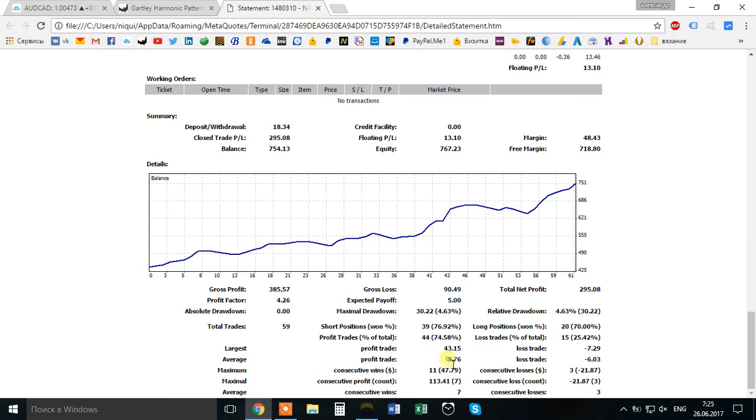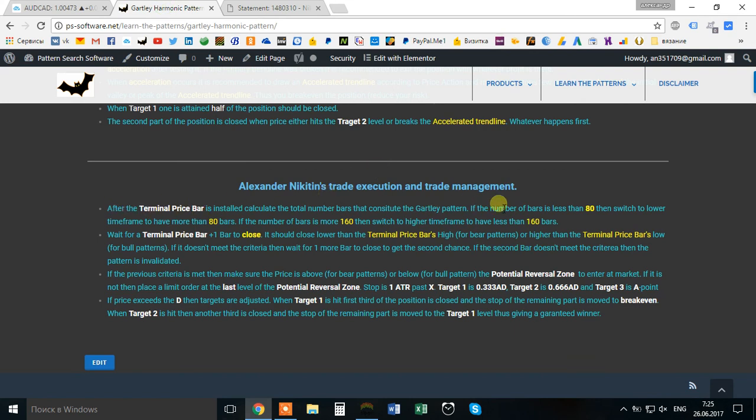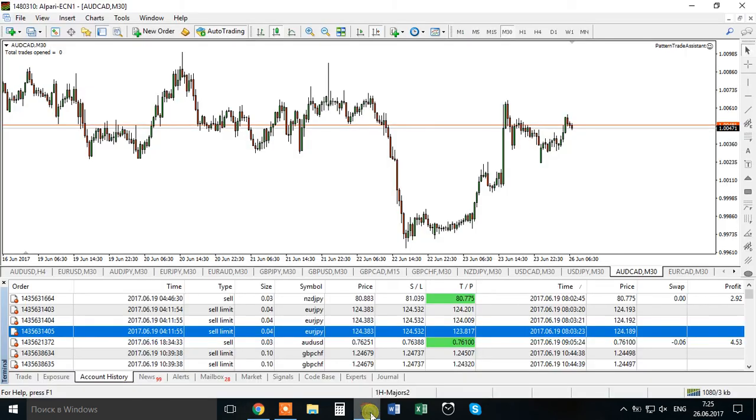My average win is 8, my average lose is 6. So this means I don't take targets early to increase the accuracy, to manipulate some, to show some good results. I do exactly what is written on my website. Actually, it is not me, it is Pattern Trade Assistant that does.